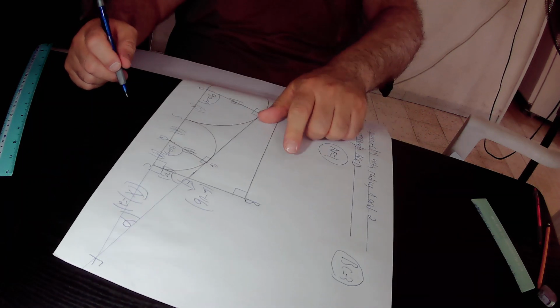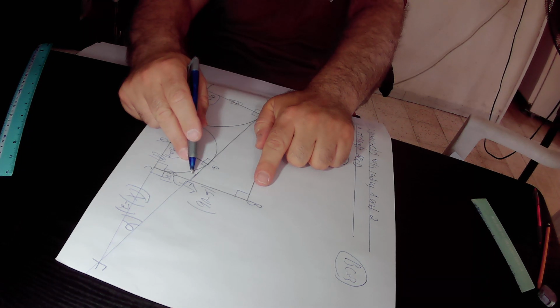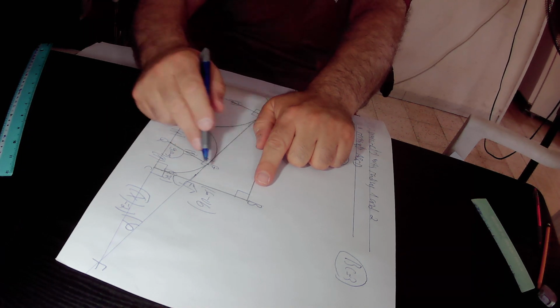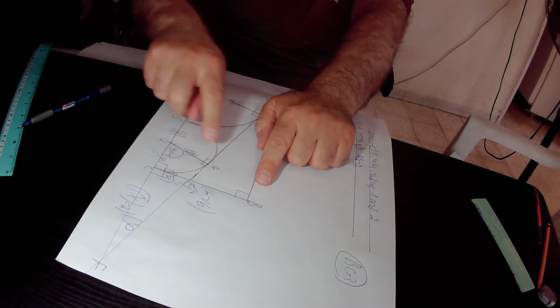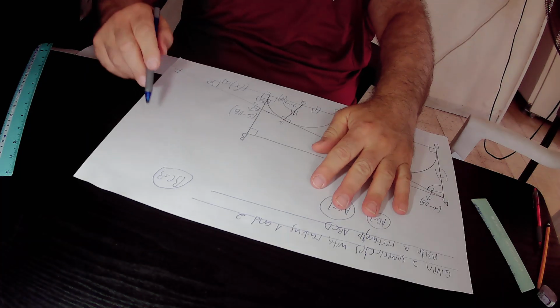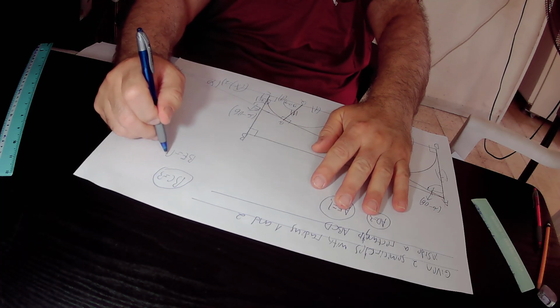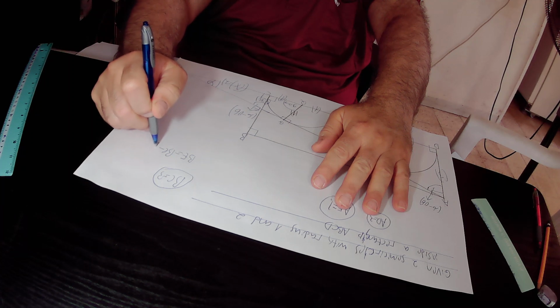So, what is the length of this missing side BE? Side BE will be equal to BC minus EC again. BC minus EC equals BE.